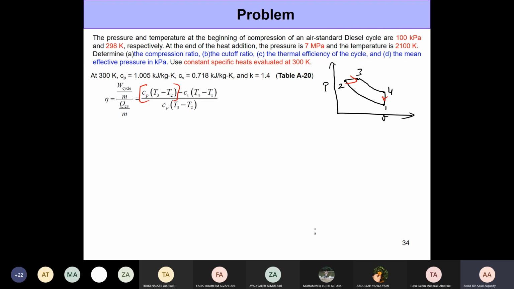Now, if you're wondering why we are using Cp here for Q_in and Cv for Q_out, you've got to remember that the heat addition is happening in a constant pressure process. So if you write the energy balance for the process 2 to 3, it's Q_in minus the boundary work out is equal to U3 minus U2, right?